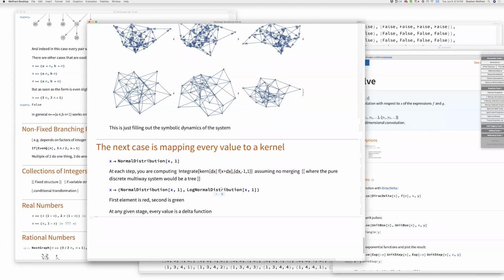So given two P of X values, for a given X, we have P1 of X from one kernel and P2 of X from the other kernel, right?